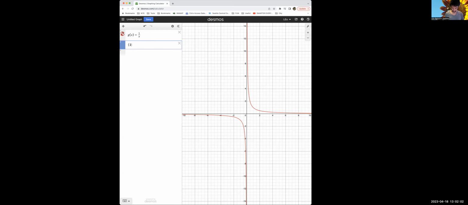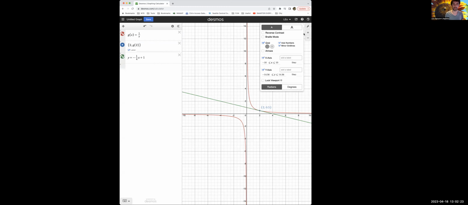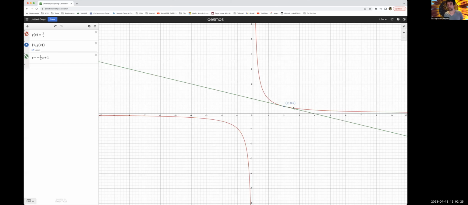We have the point 2, g of 2. All right, let's throw a label on that, 2, 1/2, just as we computed. And then our line, which we said was y equals negative 1/4 x plus 1. And we notice this does at least appear to be the tangent line. Let's make this bigger. Let's zoom in.